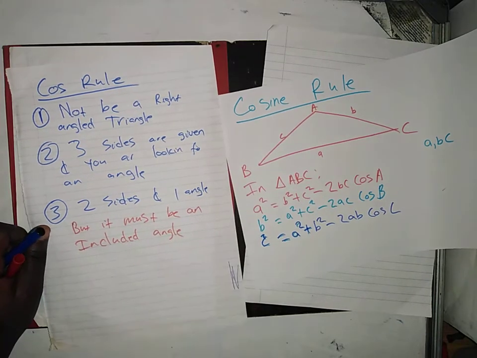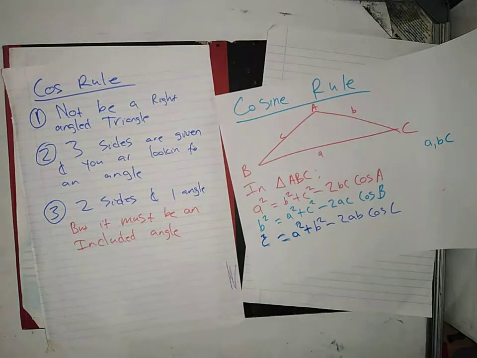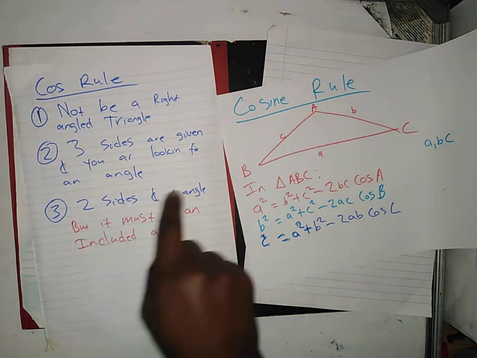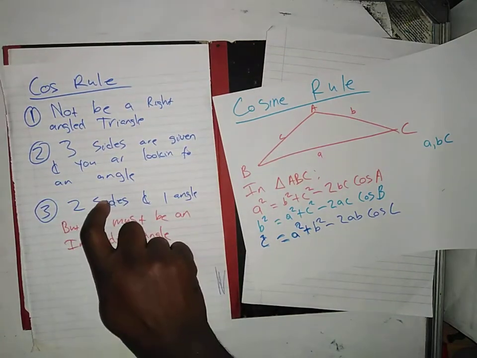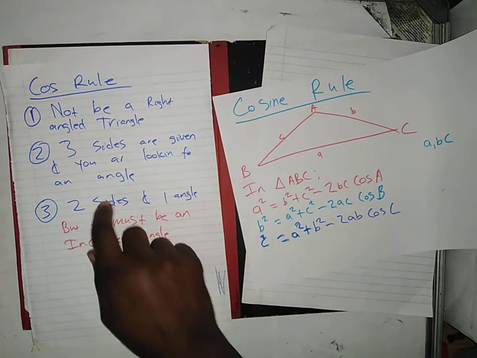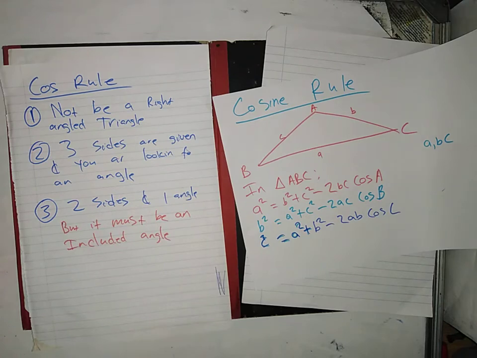In other words, the angle that you have there, it must be an angle that is between what? Between the 2 sides that you are given. Remember, you must have 2 sides and 1 angle, but this angle must be between these 2 sides. It has to be an included angle. If it's not, then you can no longer apply Cos Rule.